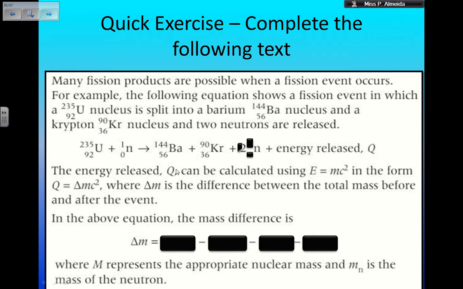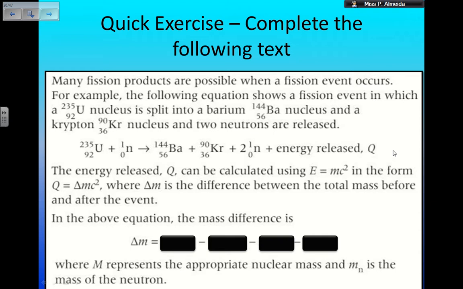Because I have 2 neutrons that have mass number of 1, atomic number of 0. So this matches because 2 times 1, 2 plus 90 plus 144 gives me 236 (235 plus a neutron), and 92 plus 0, so 92 is equal to having 56 plus 36, okay? Plus we have energy released.